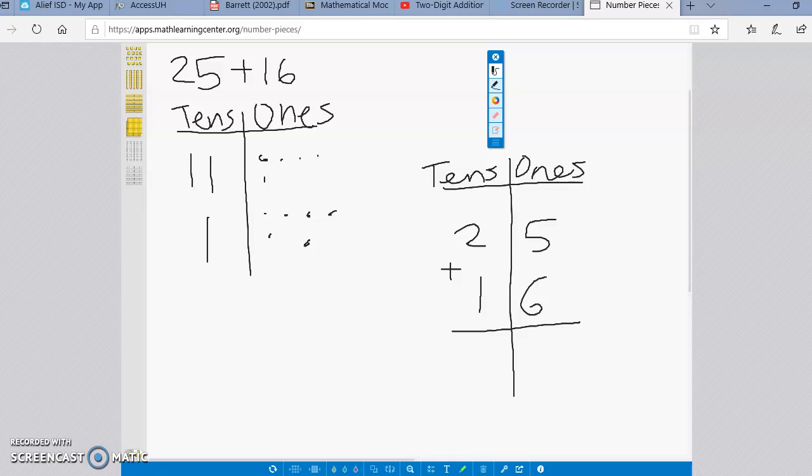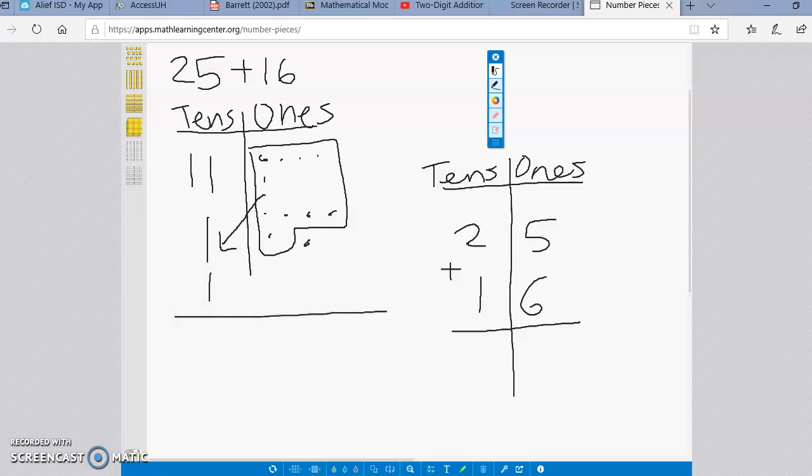So let's go back to our pictorial. We would start by regrouping our ones place. We will go ahead and compose 10 from our ones and switch it over to our tens.